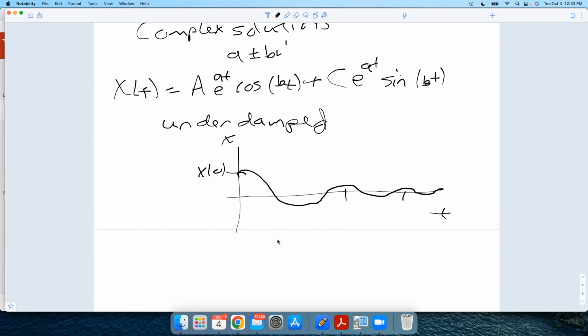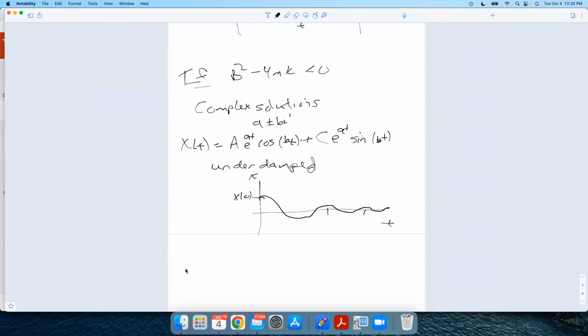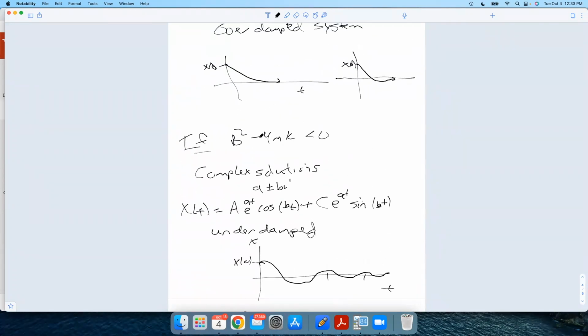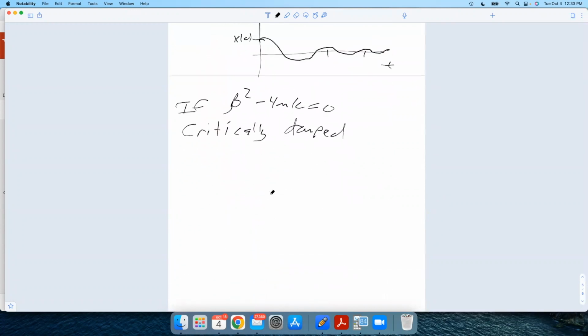Okay, there's one other possibility. What if that discriminant actually equals 0? Then we call this critically damped, because it's right at the boundary between this and that. So we remember from college algebra, if your discriminant equals 0, you get a repeated solution.